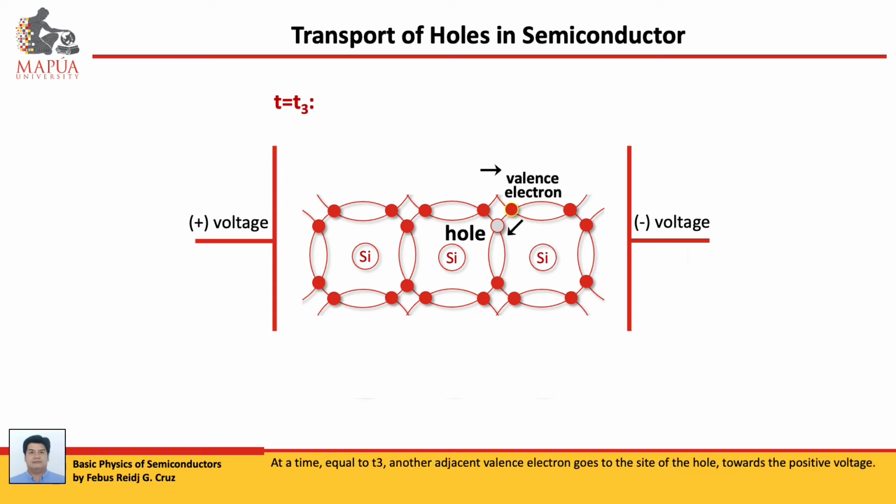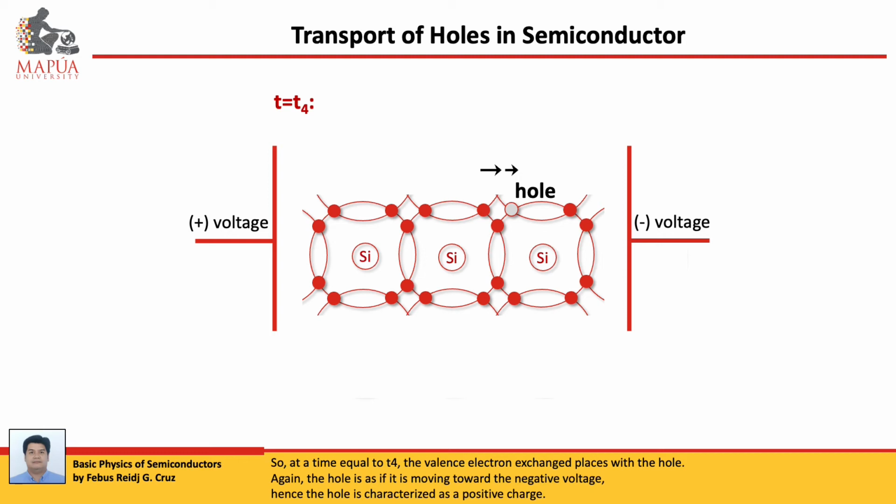At a time equal to T3, another adjacent valence electron goes to the site of the hole towards the positive voltage. So, at a time equal to T4, the valence electron exchanges places with the hole. Again, the hole is as if it is moving towards the negative voltage. Hence, the hole is characterized as a positive charge.